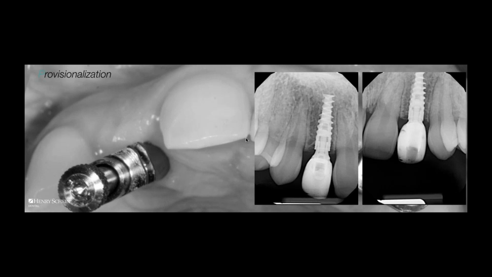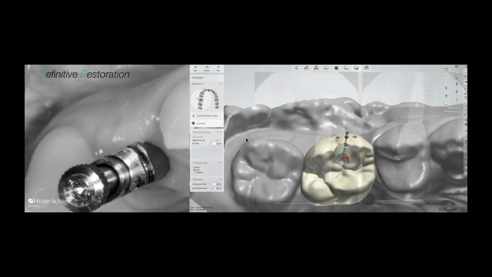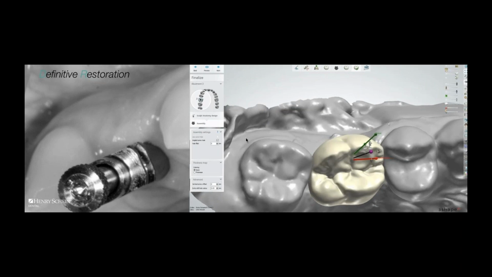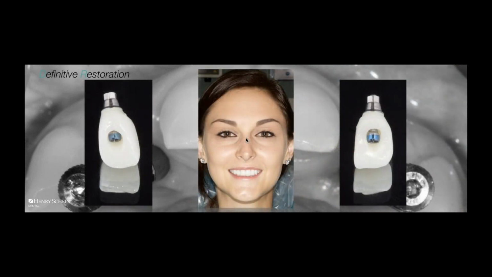But because we planned ahead of time to do angulated screw channel technology, which gives us the ability to move the screw access channel up to 25 degrees to go from a cement retained situation to a screw retained situation, we know we're able to deliver a predictable outcome to this patient and know that we're going to be able to deliver the aesthetics we want with the function we want, have total retrievability, and use innovative restorative protocols, all because we used intraoral scanning technology and we used CBCT.